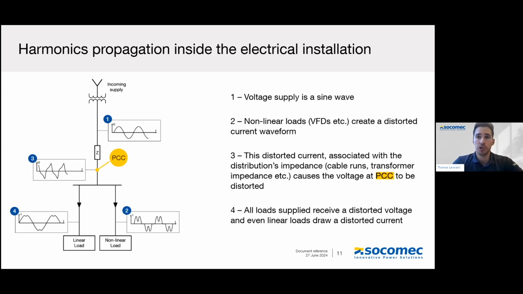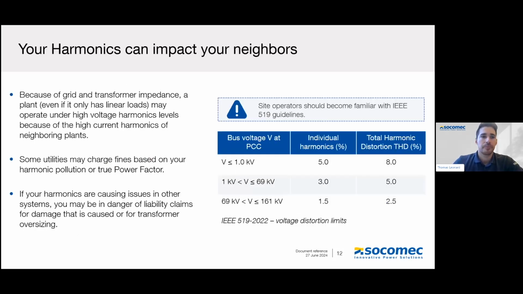Due to voltage harmonics, even the loads that are linear, that are not causing a distorted current, might receive a distorted voltage. So you may see some distorted currents and distorted waveform with pollution on linear loads. That's what I was explaining.